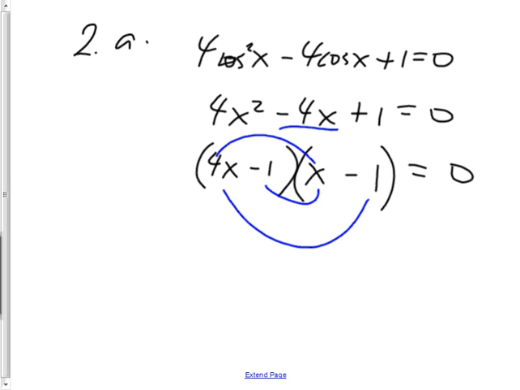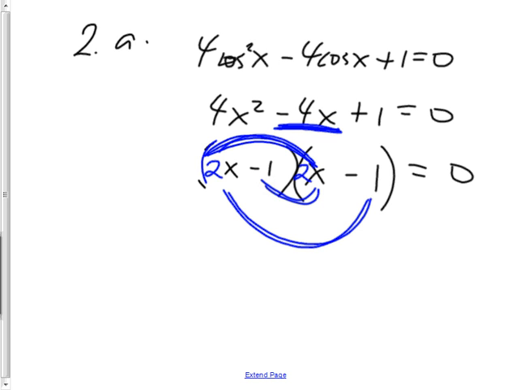Okay, so then I must have to split up my 4x into a 2x and a 2x. Is that right then? I'll double check. First makes 4x squared. I was okay there before. The outside and the inside now make negative 2x and negative 2x, which makes negative 4x.